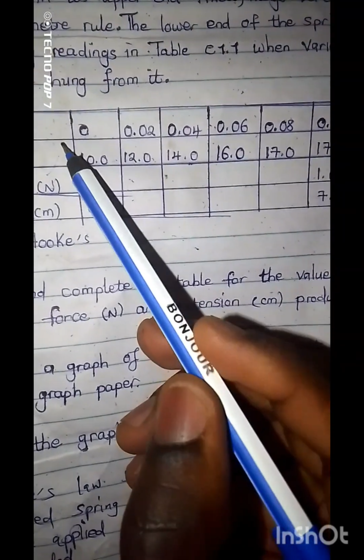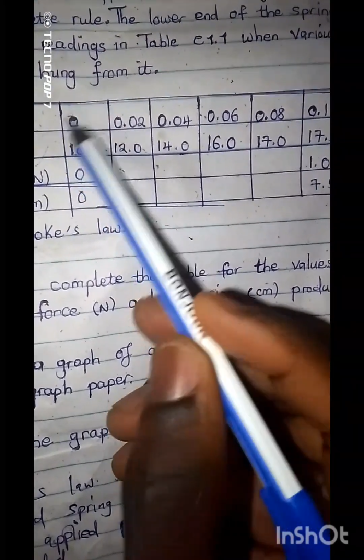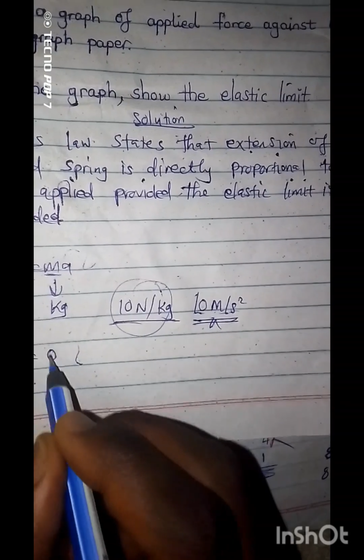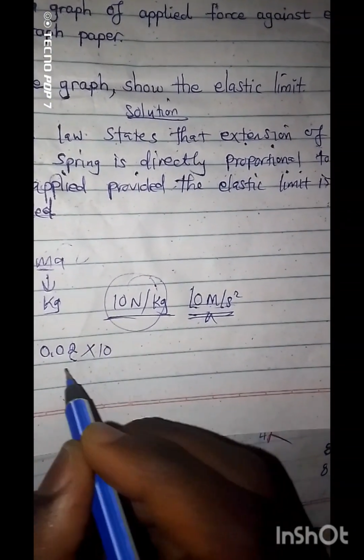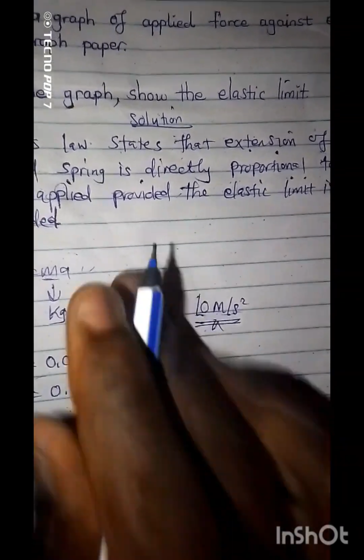For us to fill here, we are going to multiply the mass, which is in kgs, by 10. On top here the mass is 0.02. When we multiply by 10, how much are we getting? We are getting 0.2 newtons.